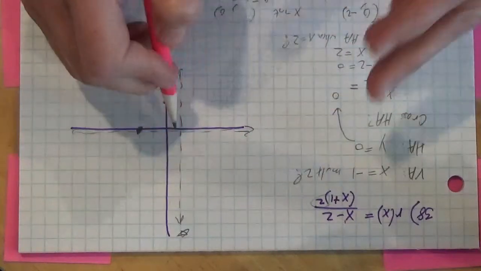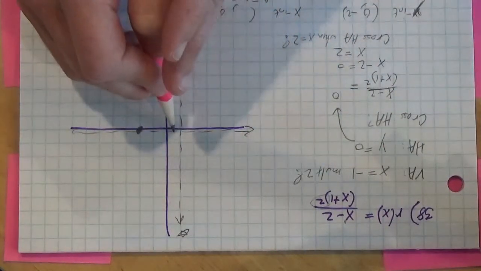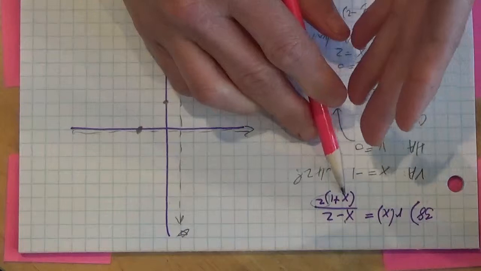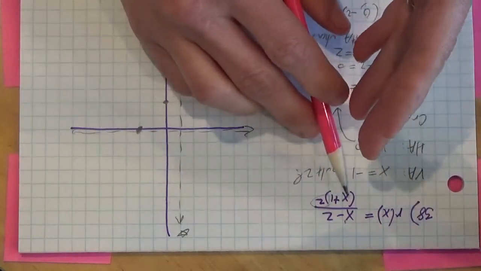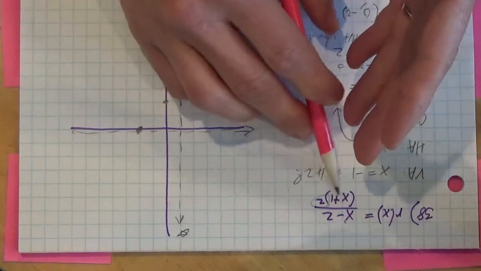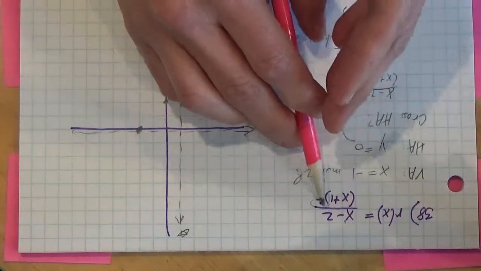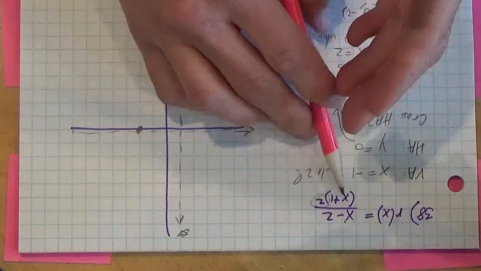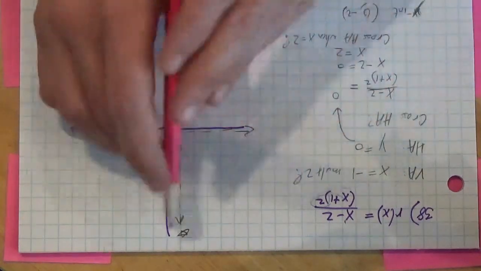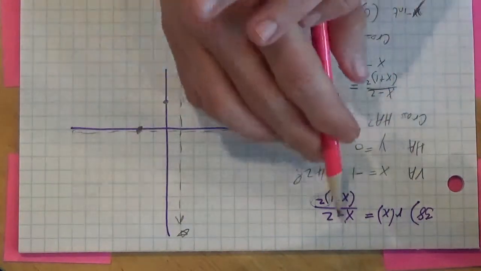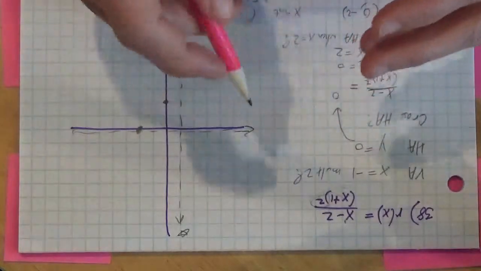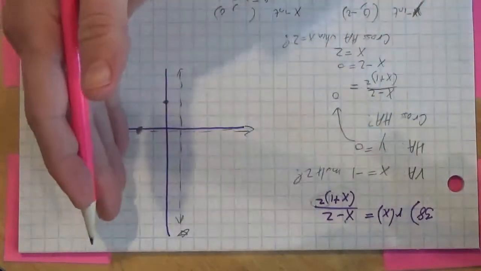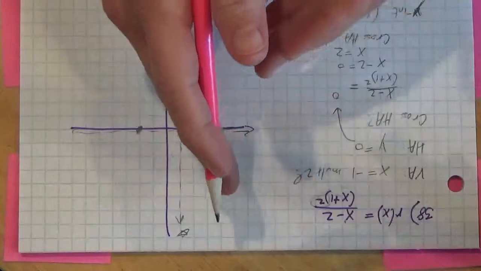It doesn't matter whether we go a little bit to the left of -1 or a little bit to the right of -1. -1.1 plus 1, doesn't matter whether it's positive or negative, when it's squared, it'll be positive no matter what. So this expression is not affecting whether this function is positive or negative, it's just the top that's controlling it. So whatever it is on one side of the asymptote, it'll be the same thing on the other.